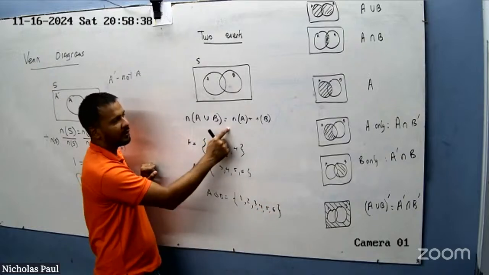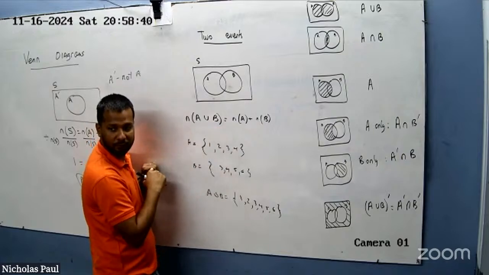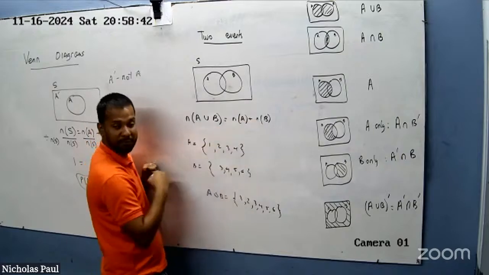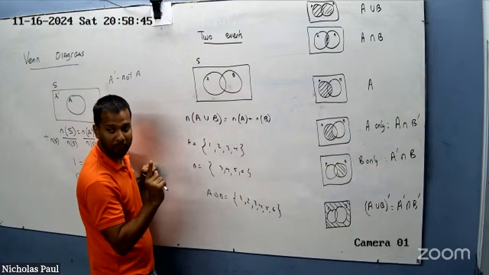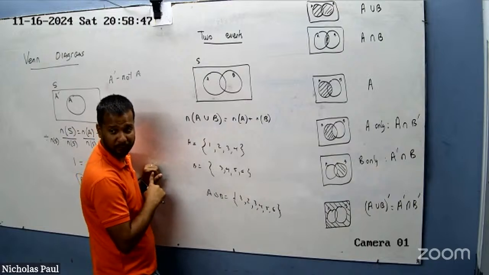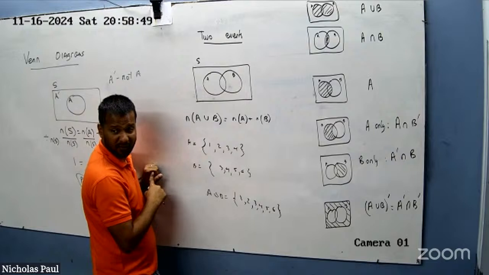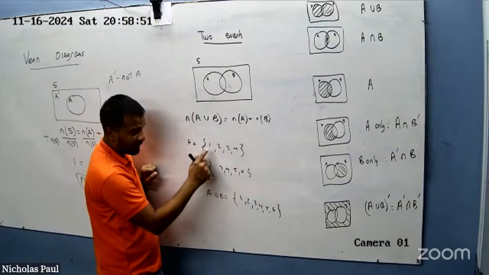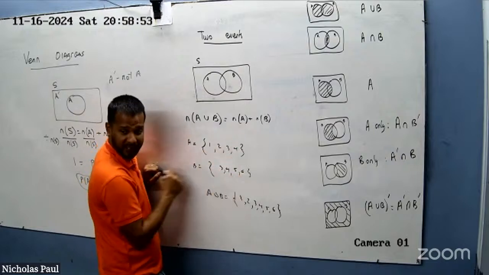How do I represent that here though? Everything in A, everything in B, but I don't want repetition. Because if I write everything in A and B, I write 1, 2, 3, 4, 3, 4, 5, 6.